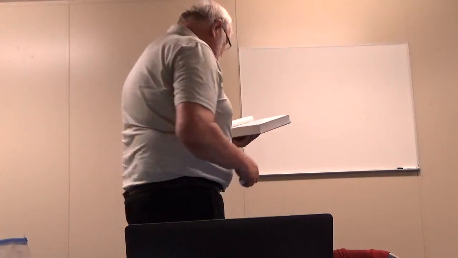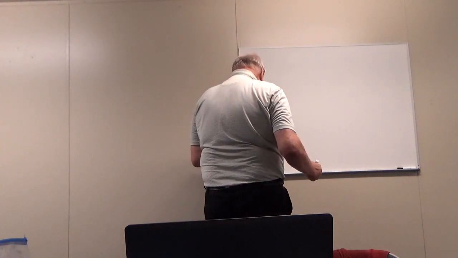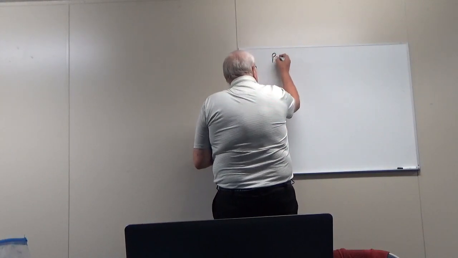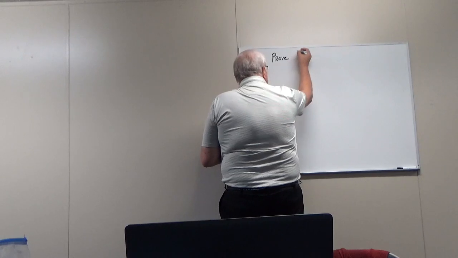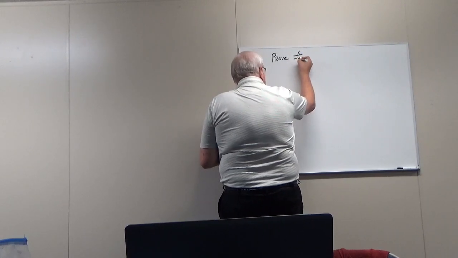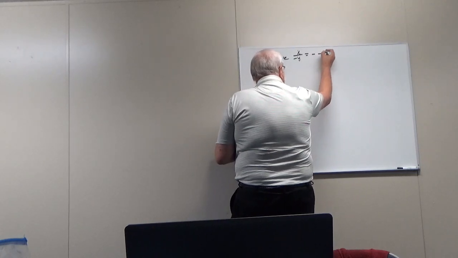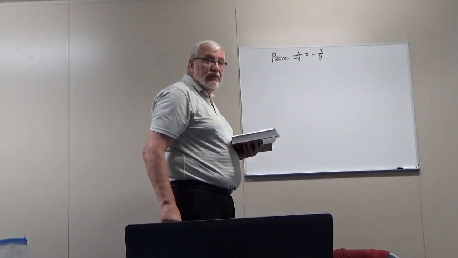So we're going to work on part C. What it says to do is to prove that x over negative y is equal to negative x over y. That's the proof.